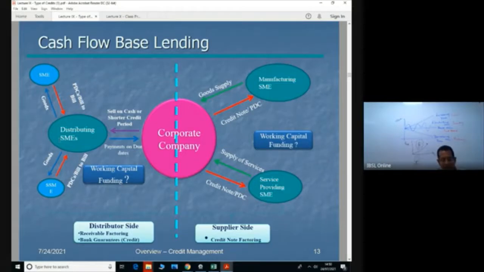When I go next time to the shop, I will get my previous bills' money and I will give goods again. Post-dated check means the check is dated in the future, right? Now what happened? This distributor will have a working capital requirement. Why? You have to give credit to the market. But at 30 days, you have to pay the corporate.